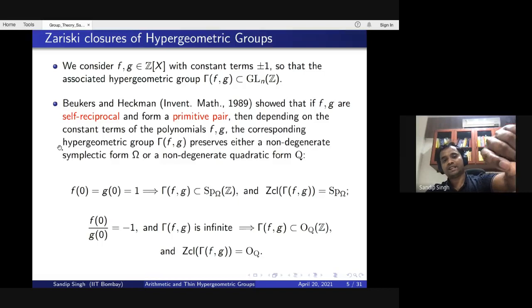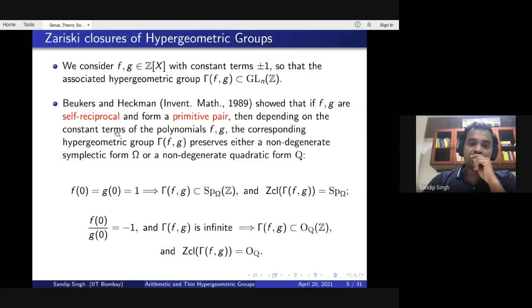So basically, by self-reciprocal, you get that our group has an action on V, right? So the group also acts on V star, where the action of A can be defined as A goes to A transpose inverse, right?